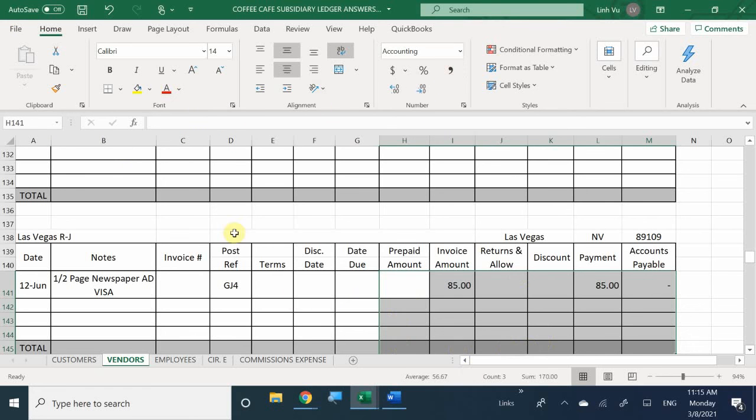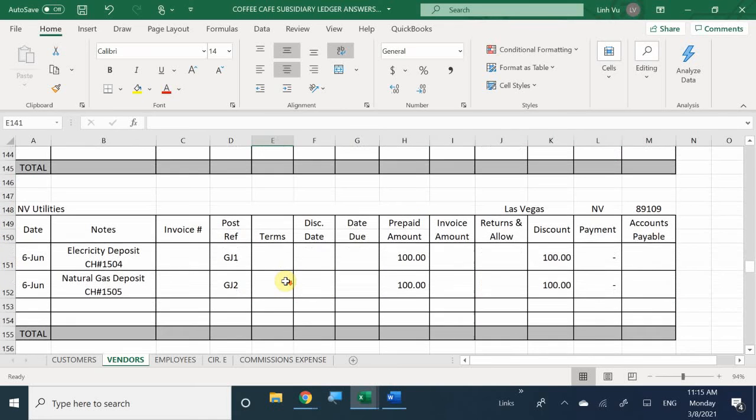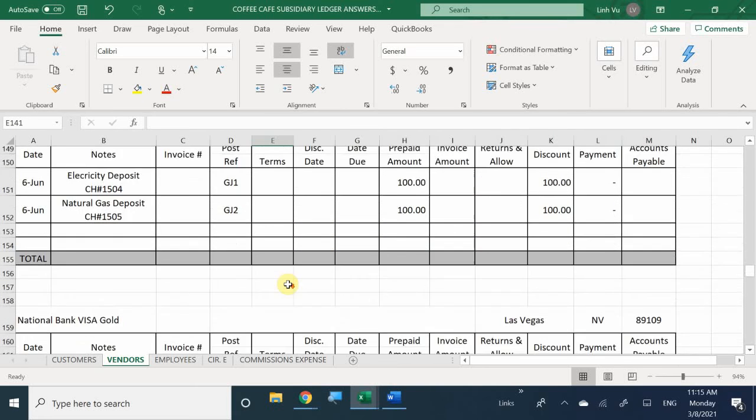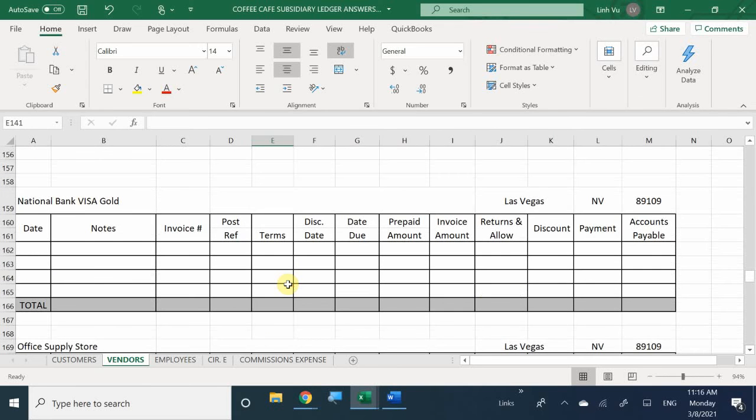Okay? Now let's go ahead and scroll down until you find the National Bank Visa Gold Credit Card. Do we need to update this particular section?